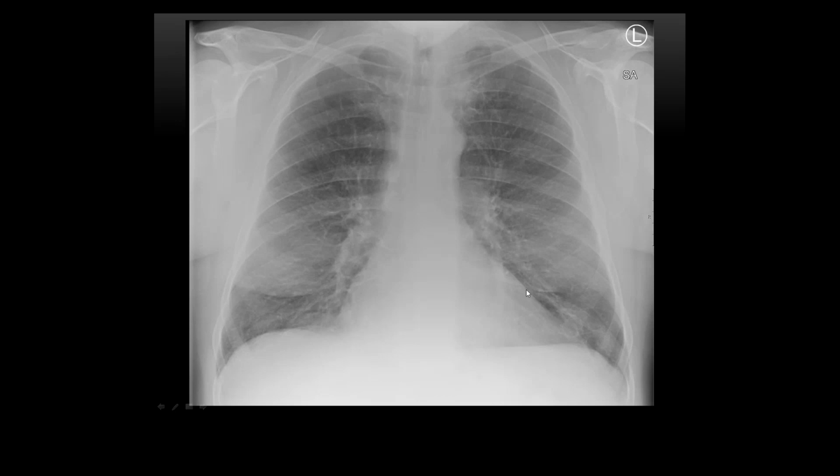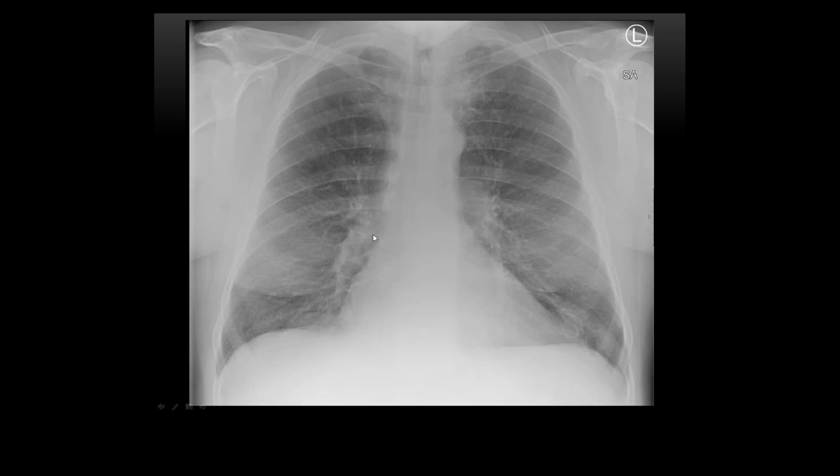Remember earlier when I talked about the heart looking a bit triangular? We all know that your heart is not a perfect triangle like this one looks like. So this is actually pericardiac fat next to it. If you look at this density here, it matches the density of here, doesn't it? We know this is all fat, so we can say that that's pericardiac fat. So the heart is normal.